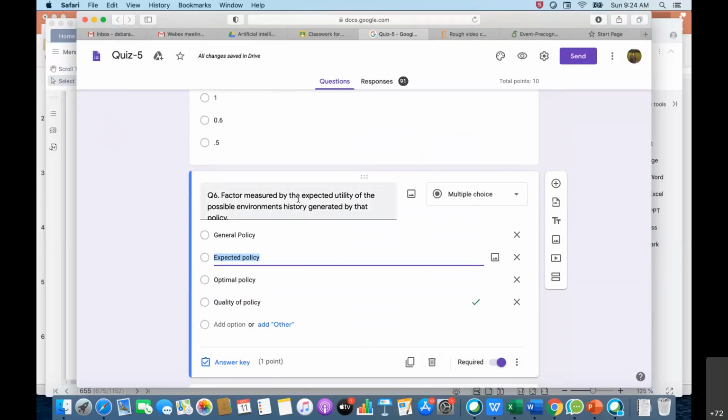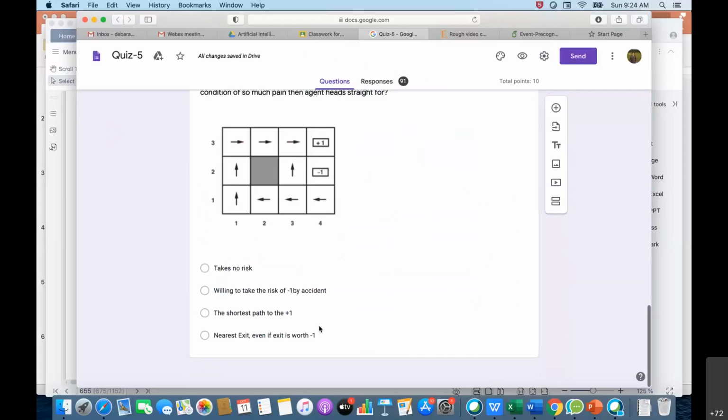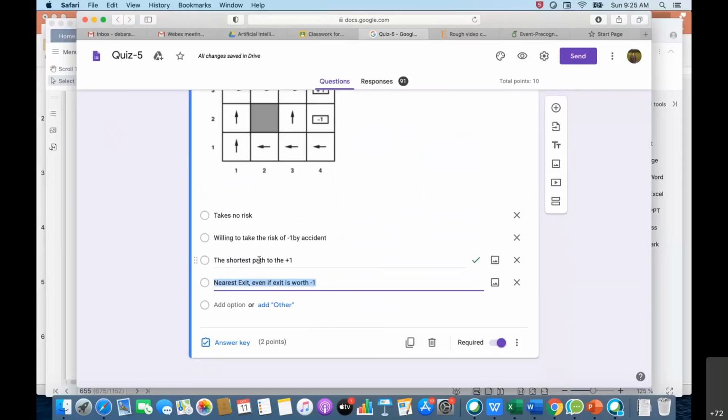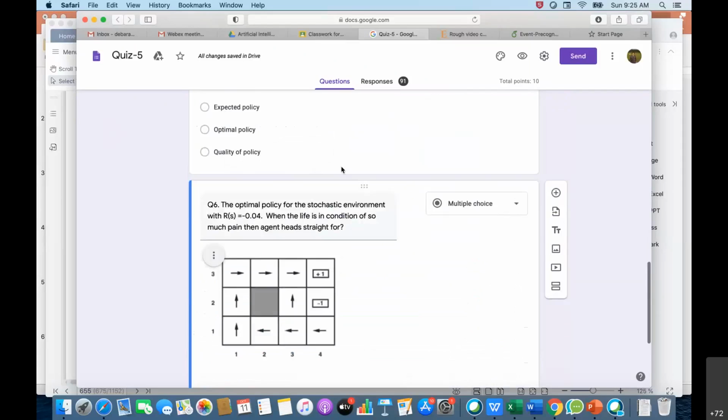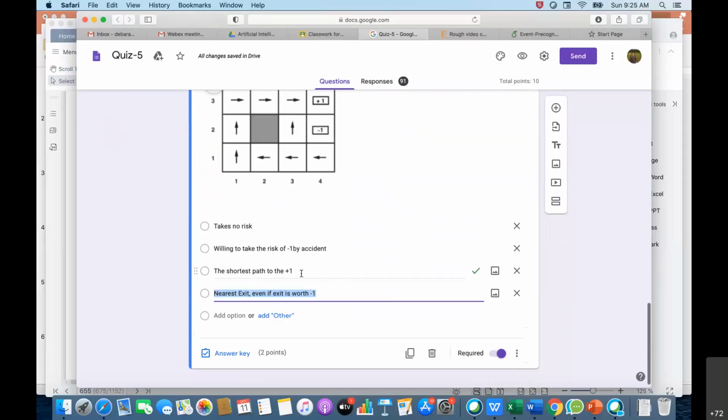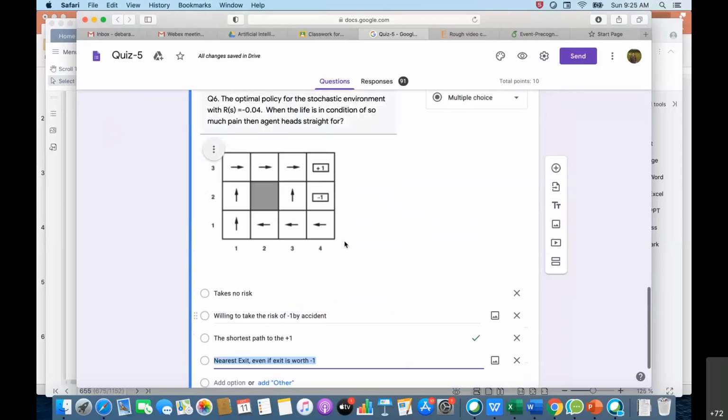This is how we are evaluating. The statement is contradictory for the last question. Which statement? It will take the shortest path. I have already discussed that it will take the shortest path.